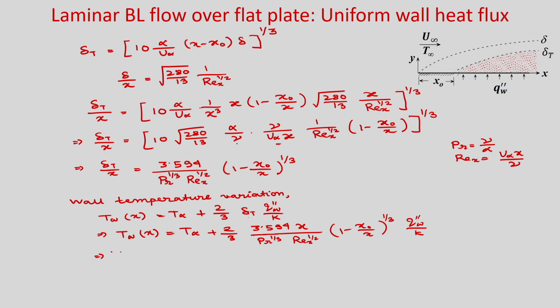So, hence you will get T_w(x) is equal to T infinity plus 2.396 q double prime w by k, 1 minus x naught by x to the power 1 by 3, x divided by Prandtl number to the power 1 by 3 Re_x to the power half. Okay. So, this is the wall temperature variation. You can see from this expression that it is a function of x, right.